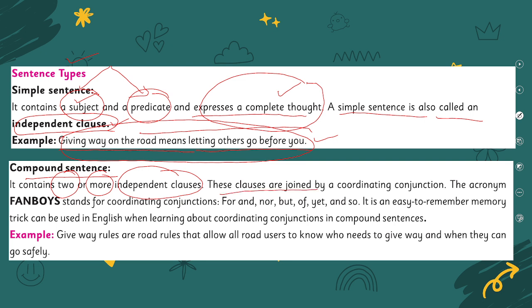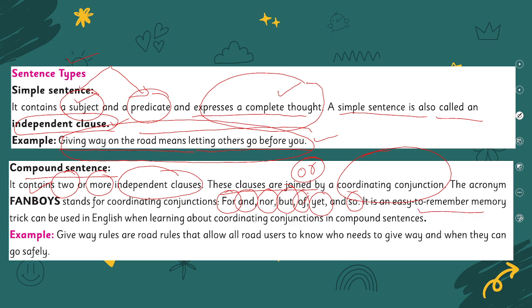Words which are conjunctions, and we use coordinating conjunctions, and as we know, we remember them by the acronym FANBOYS. It stands for for, and, nor, but, or, yet, and so. Now, these are all our coordinating conjunctions, easy to remember.